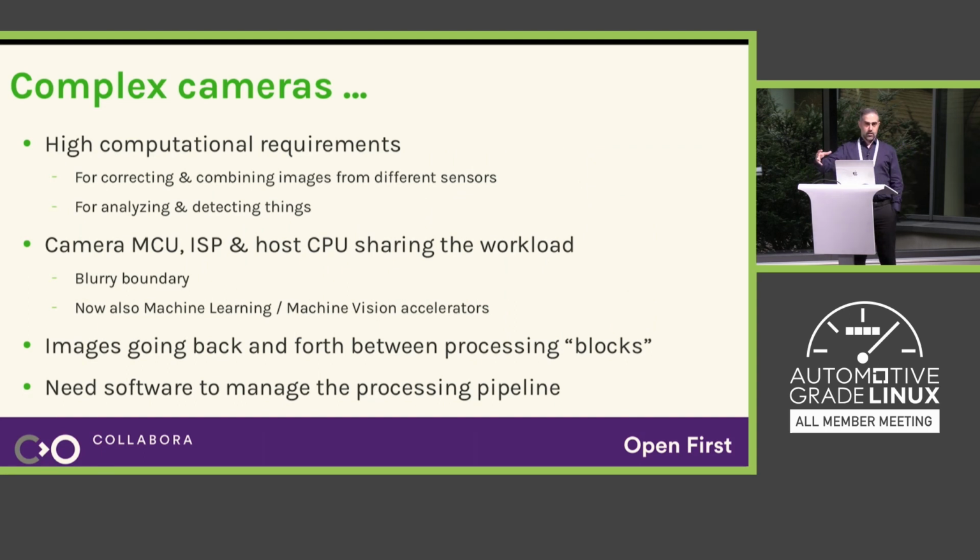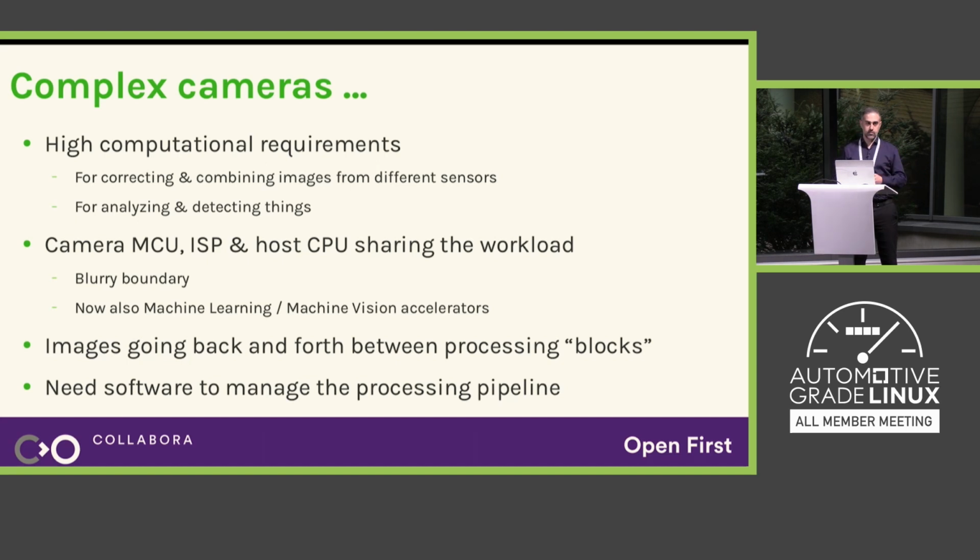The common thing around all these complex cameras nowadays is that they have high computational requirements. Either that might be for correcting and combining images from these different sensors, or it could be other things like analyzing and detecting things, like for machine vision applications. And there are a couple of processors involved in that. There are the integrated signal processors in the camera device itself.